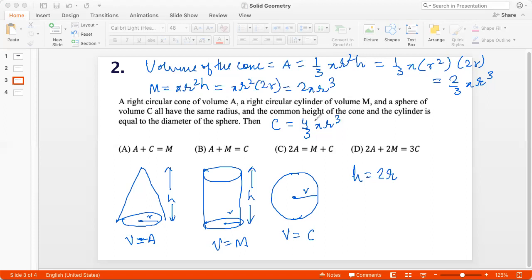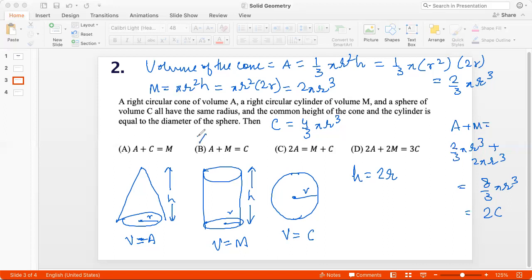So let's try and work out what could be the answer here. Let's see what A plus M is going to be. So A plus M is going to be 2 by 3 pi R cube plus 2 pi R cube, which is 8 by 3 pi R cube, which is 2C. So I can see that A plus M is going to be 2C.